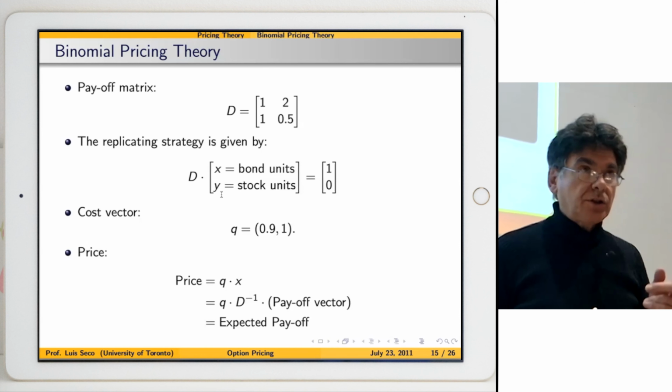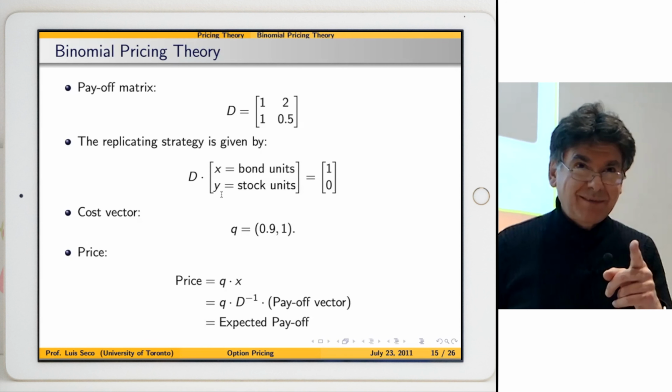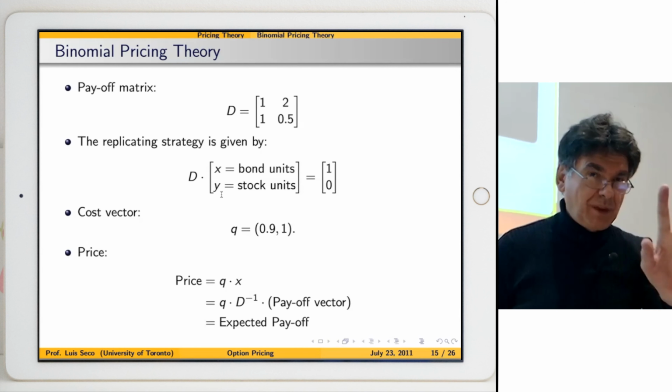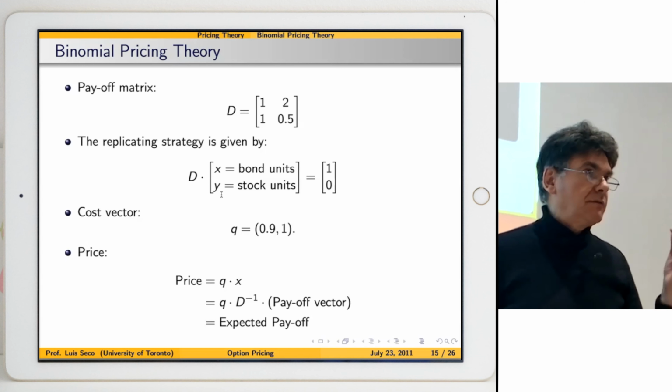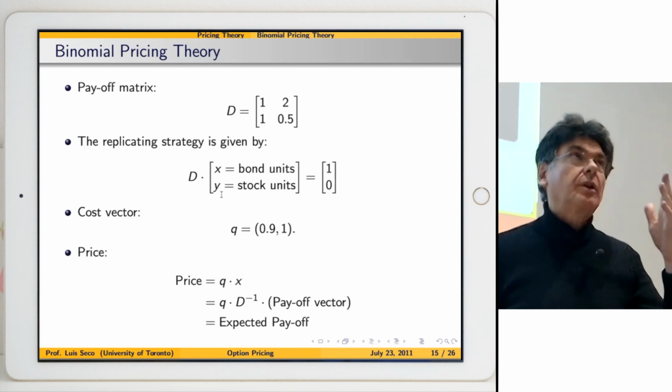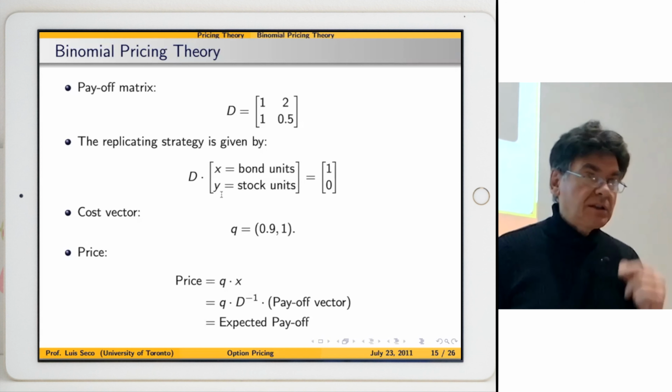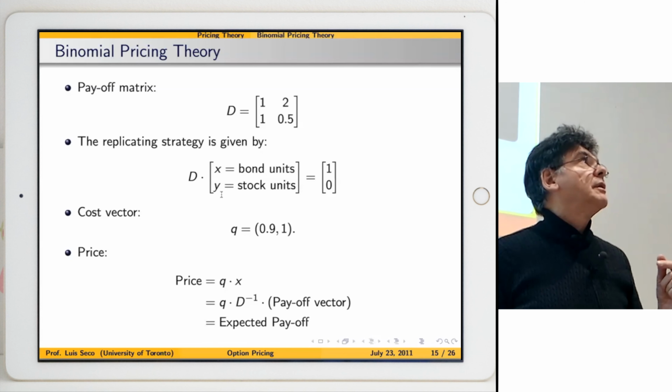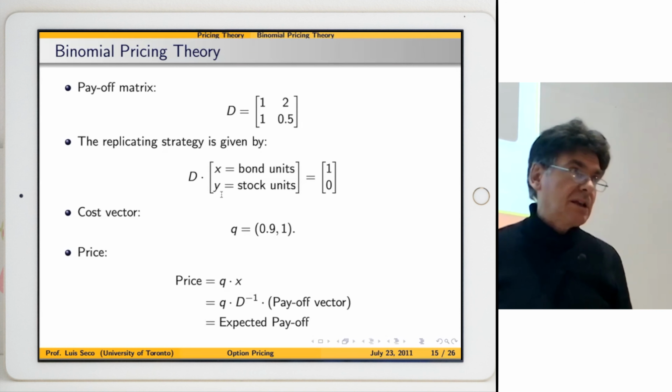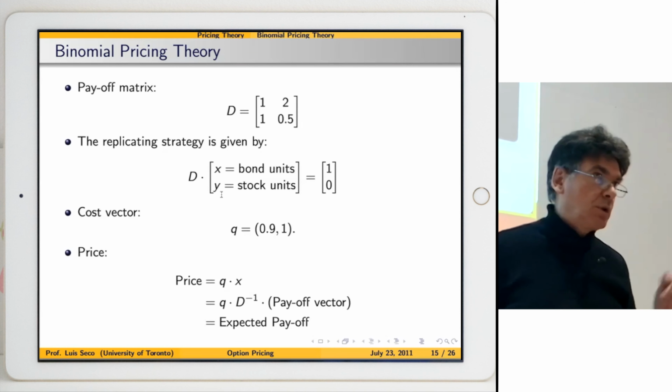And then I ask you, what would be the price of the option that will give me 50 cents when the stock goes down to 50 cents? Understand what I'm saying? I'm changing the game.